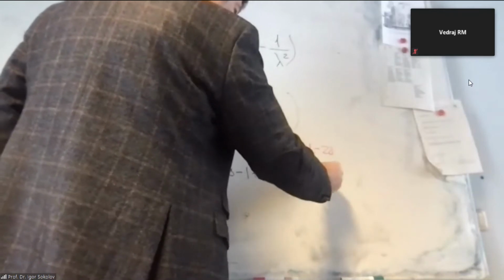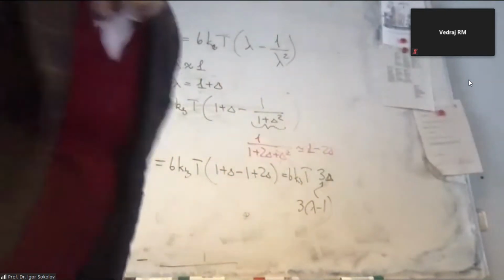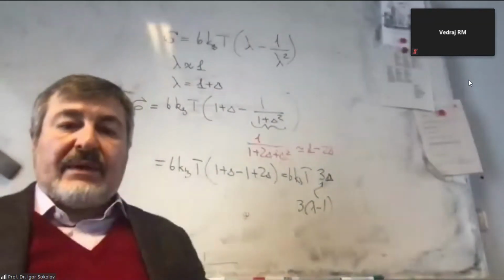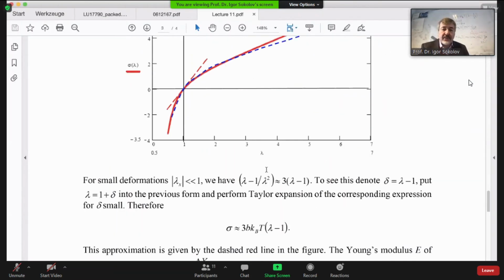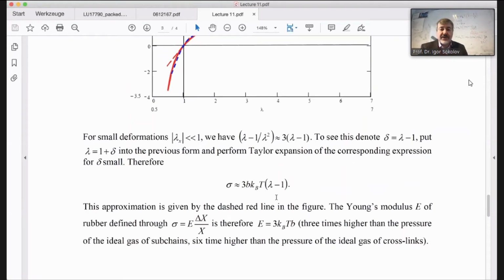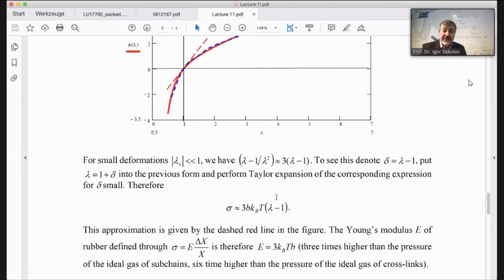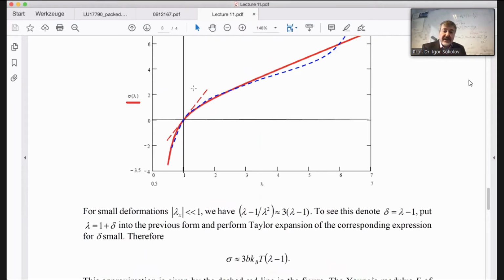And this 3 delta is essentially, because I remember that delta is lambda minus 1, 3 times (lambda minus 1). And this is how I come here to this approximate formula.